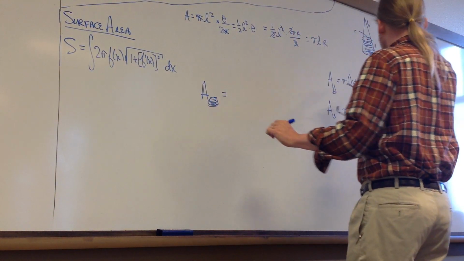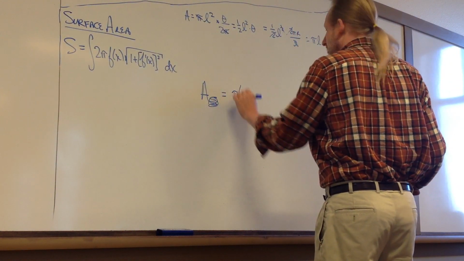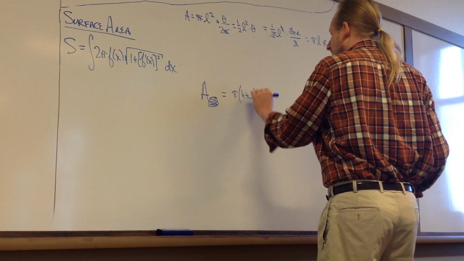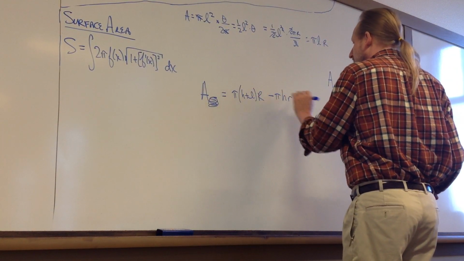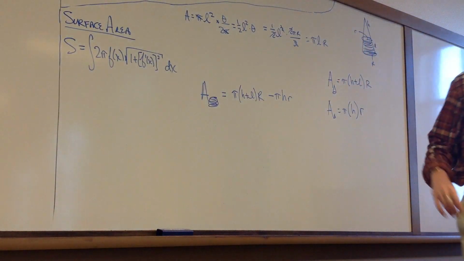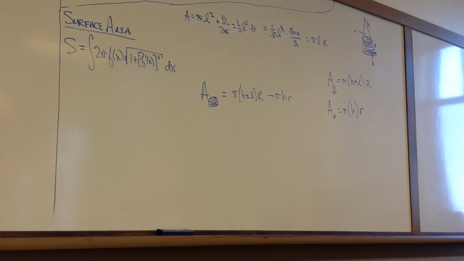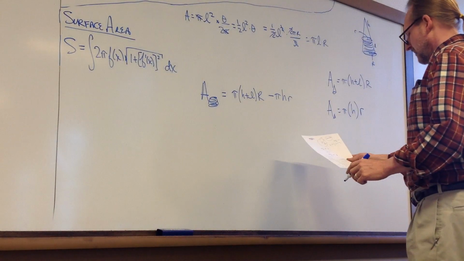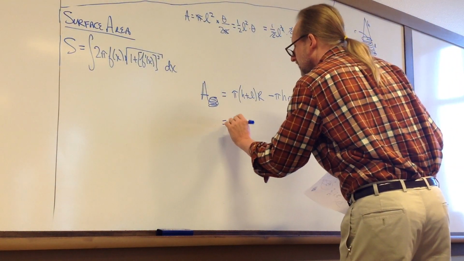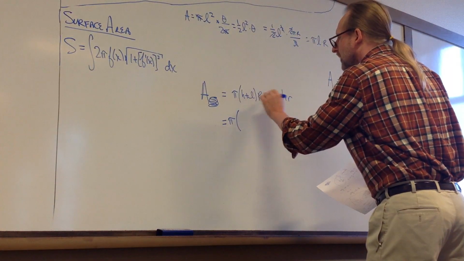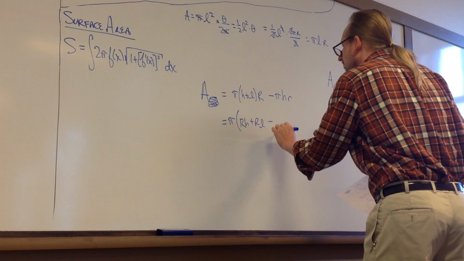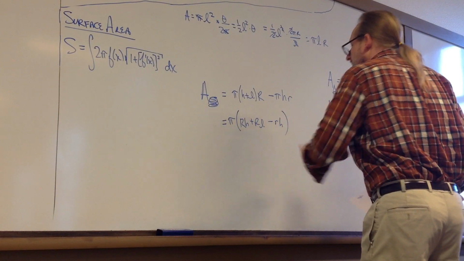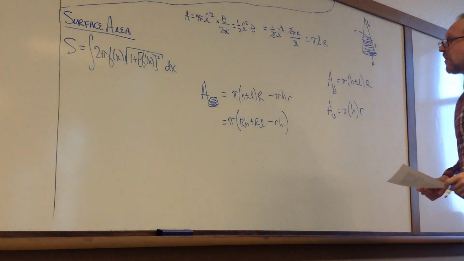So that's going to be the big one, pi, h plus L times big R minus pi h little r. Okay. Now we're going to do some substituting here. Let's pull out the pi, factor out the pi, and then we'll have big R h plus big R L minus little r h.